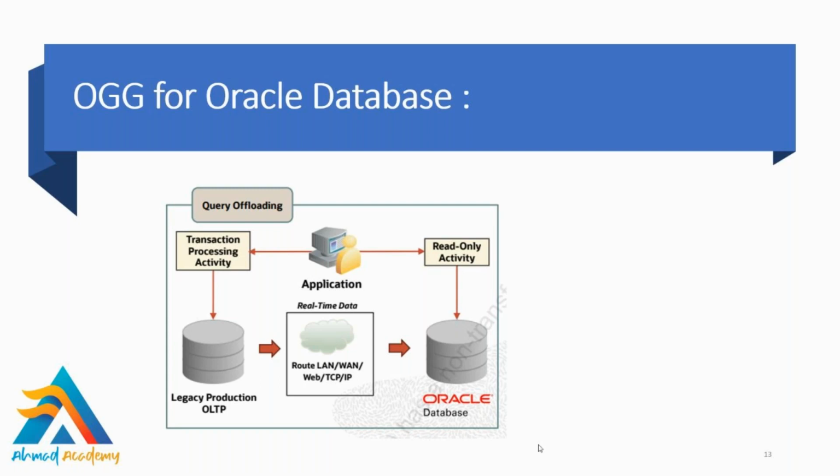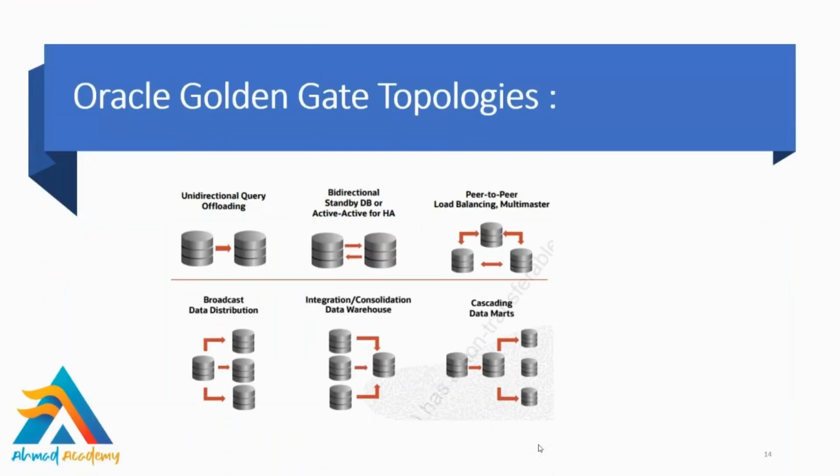Now, what are the topologies we have? We have unidirectional query offloading, bidirectional standby or active-active for HA, peer-to-peer load balancing, which we call multi-master, broadcast data distribution, integration, consolidation, data warehouse, and cascading data marts.